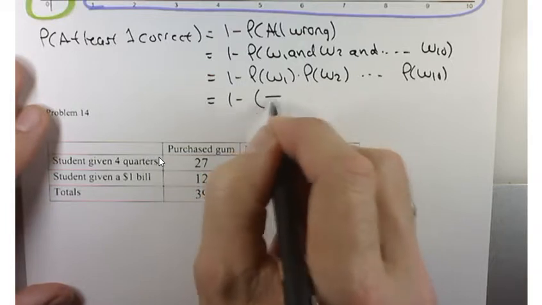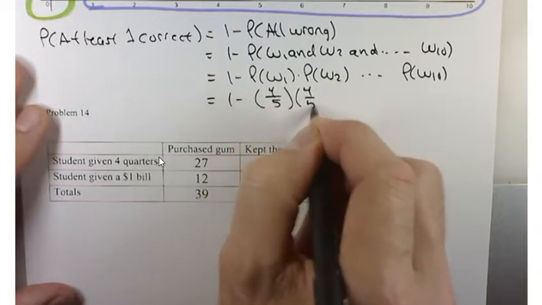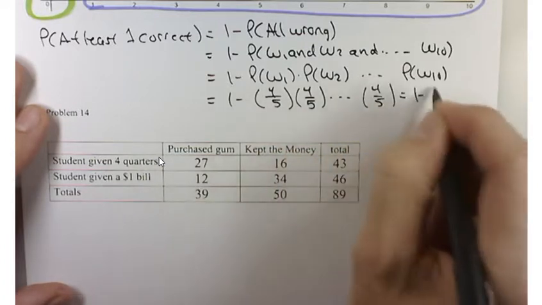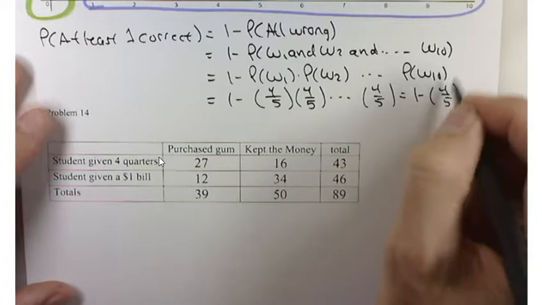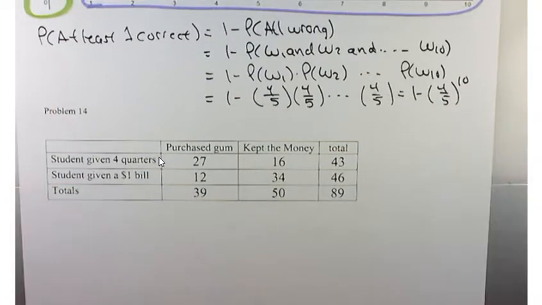Well, there's 5 possible answers. 4 of them are wrong. So it's 1 minus 4/5. And somebody wrote 0.8, and that's fine. 1 minus 4/5 to the 10th power. I think out of convenience on my calculator, I'm going to use 0.8.